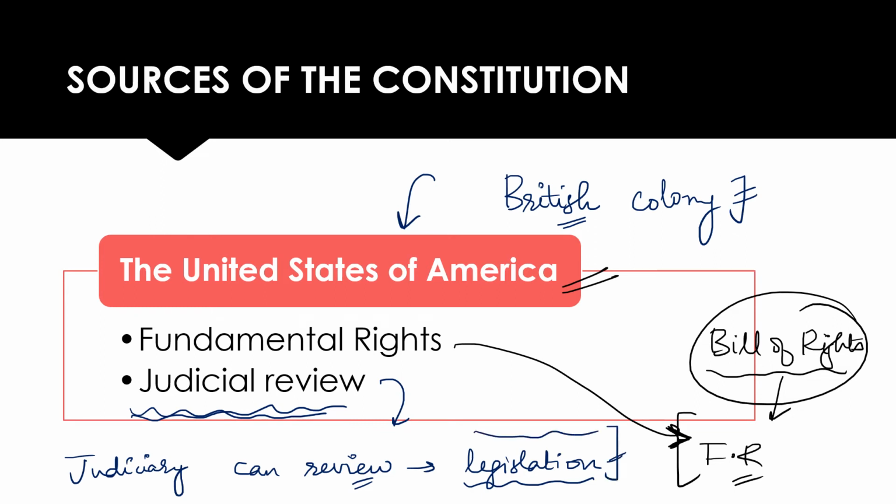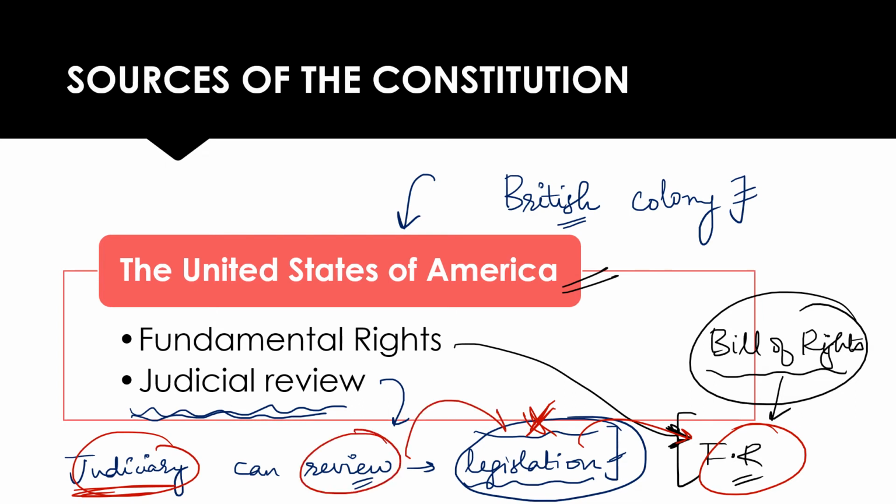Which means that, let us say there's a legislation and it is felt that the legislation is not right. Maybe it infringes somebody's fundamental right, or it contains some other defect. Then the fact that the judiciary can review this is a power of judicial review which is given to the courts, right? So we understand that the courts are the guardians of our rights.